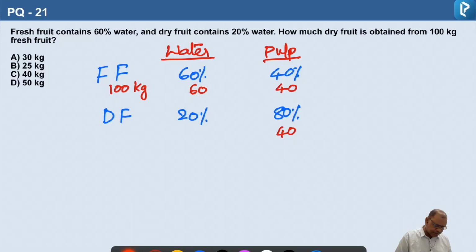The weight of dry fruit we don't know, so let us assume it as X. Out of these X kg of dry fruit, 80% is pulp, that is equal to 40 kg.